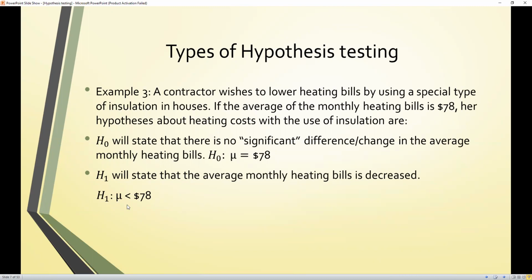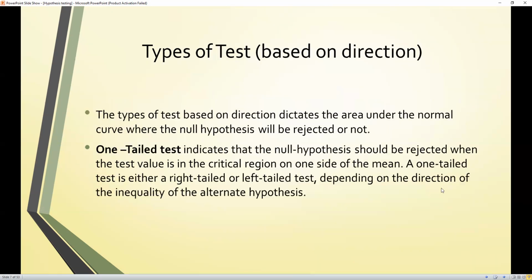While if the test is indicating a direction in terms of the comparison, it says that one group will be less than the population mean or than the other group, then we use less than. Or another is that when the comparison is concerned about whether one group is greater than the other, then we use a greater than. And that leads us to the next one.